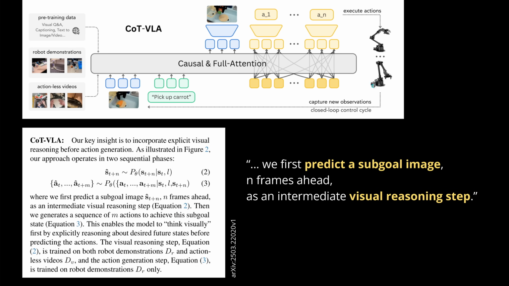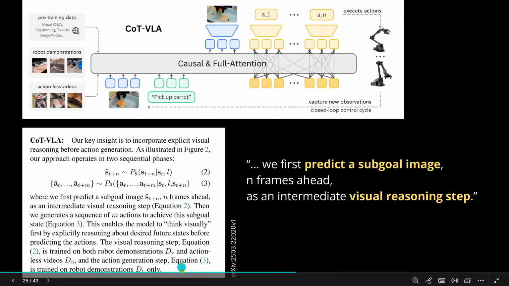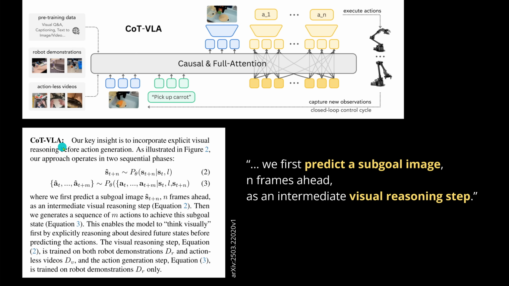Great. Now, this is more or less really the core. This is the core idea. This is all you need to know about this paper. For this chain of thought vision language action model, the key insight is to incorporate explicit visual reasoning before the action generation.